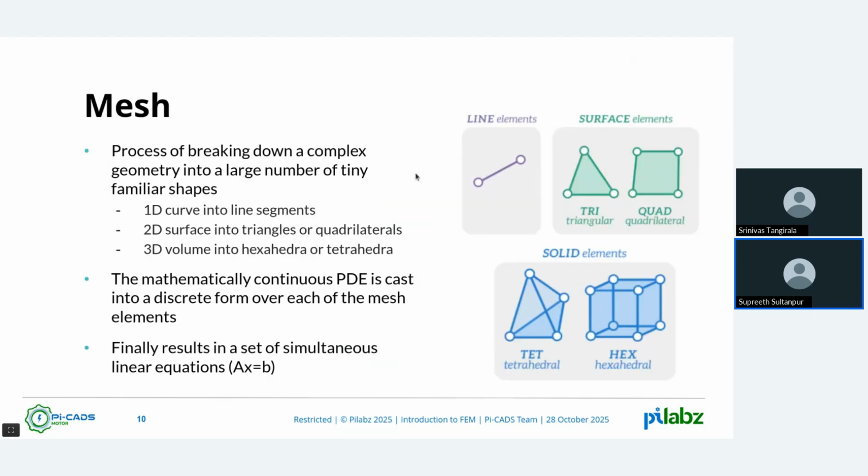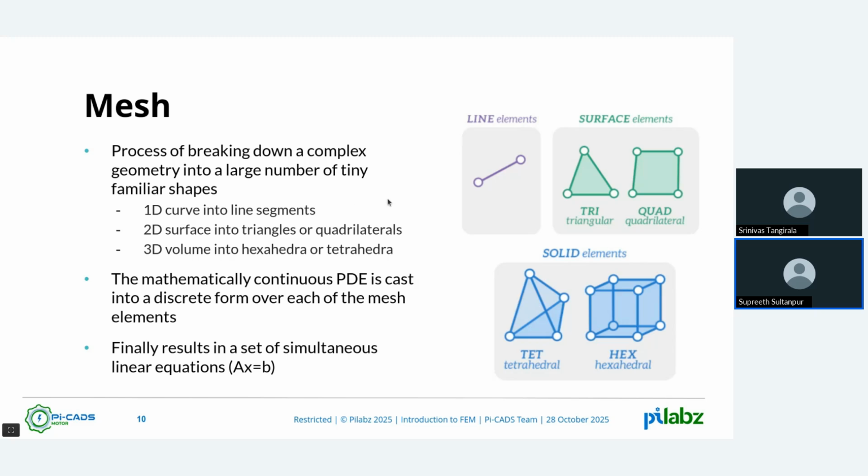All right, so meshing. As I said, you can have a really complicated geometry for some product you are making, right? And FEM, the meshing breaks that down into a large number of familiar shapes.